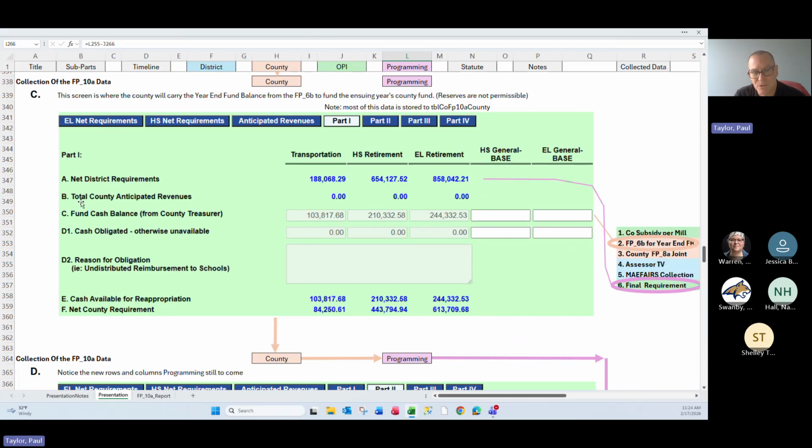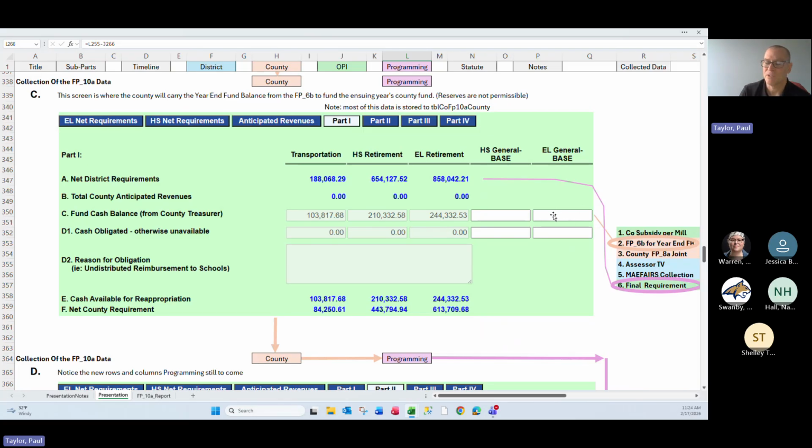These would show the total anticipated non-levy revenues. That would be from B above, the screen we were just talking about. And then this is the cash fund balance that came off that FP6B that we were talking about near the beginning of the presentation. That number gets hand keyed here.